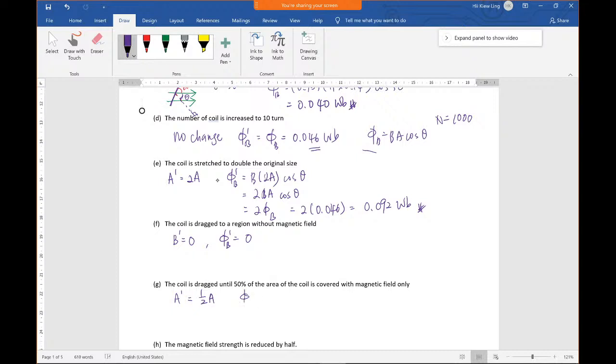So the new magnetic flux is half of the original magnetic flux. So 0.5 times 0.046, you get 0.023 Weber.